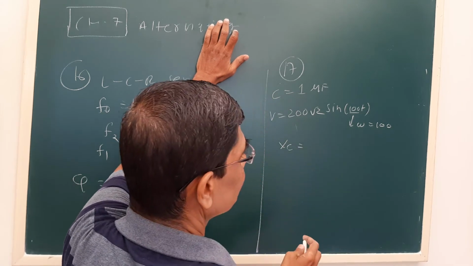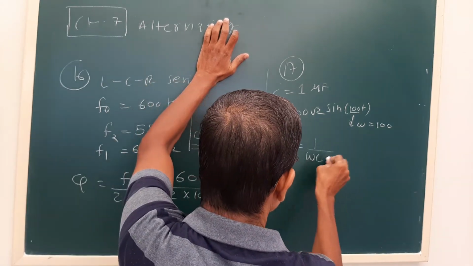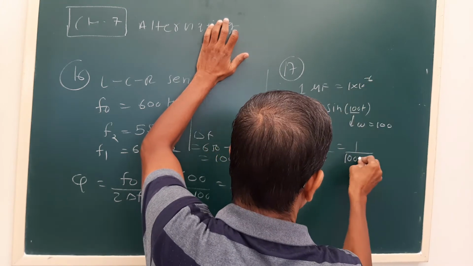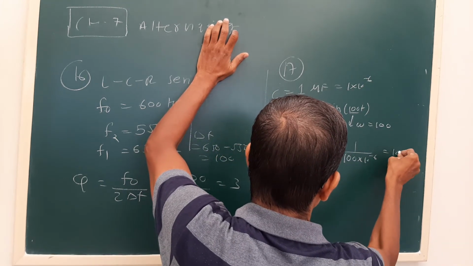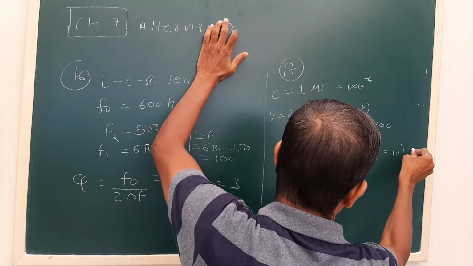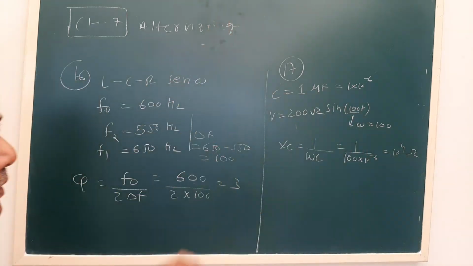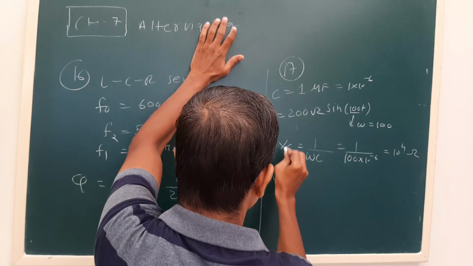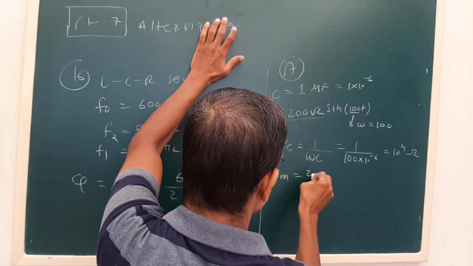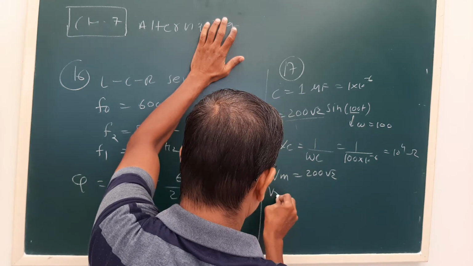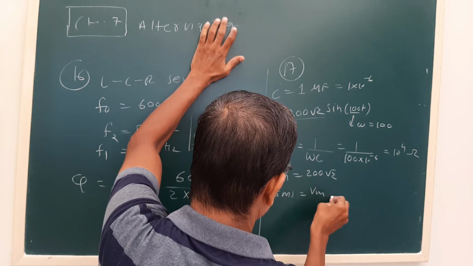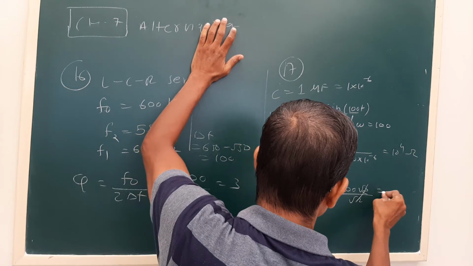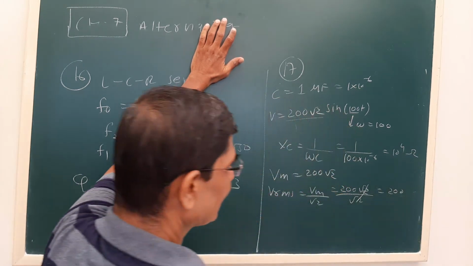Capacitive reactance XC is 1 upon omega C. Okay, that will make 10⁴ ohm. Now see, we have to find out the RMS current. So this is Vm, 200√2, Vrms is Vm upon √2, 200√2 upon √2.